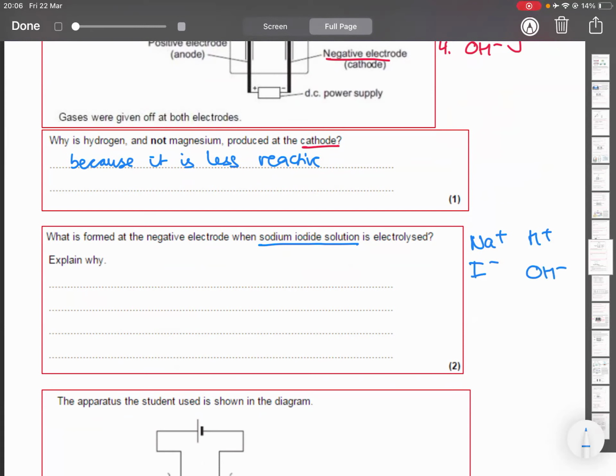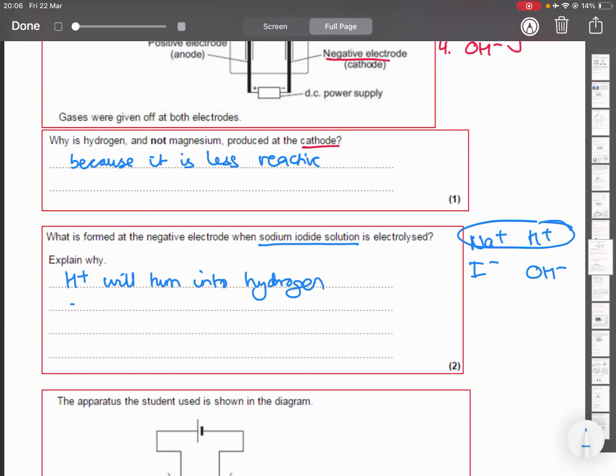So we look at that and we see, oh, okay. These two would like to go to the negative electrode, but we have to pick which one is less reactive. So we say H+ will turn into hydrogen.